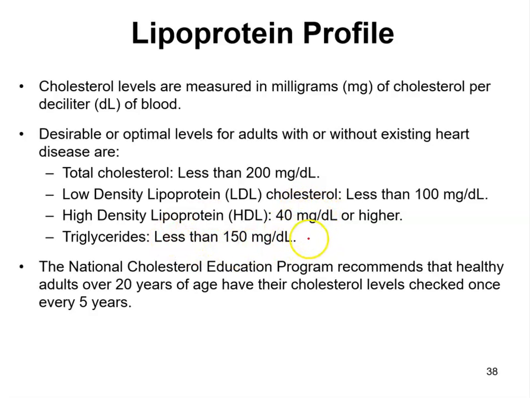Triacylglycerides under 150, and this is for adults over the age of 20. So you guys in this class right now, it's about time to start getting your cholesterol levels checked. You can have high cholesterol even at the young age of 20.